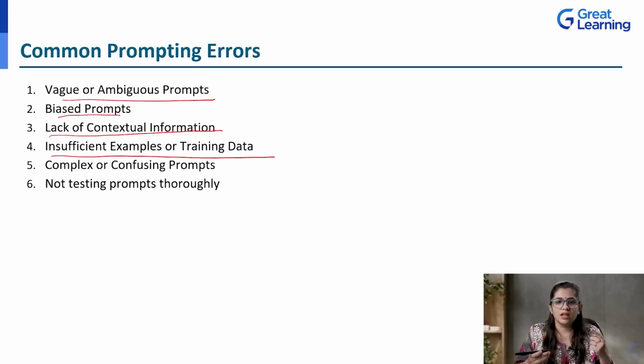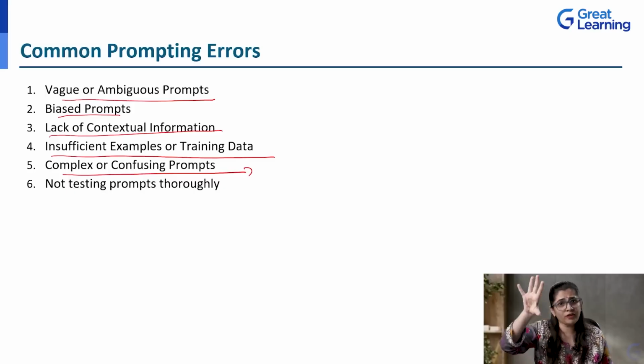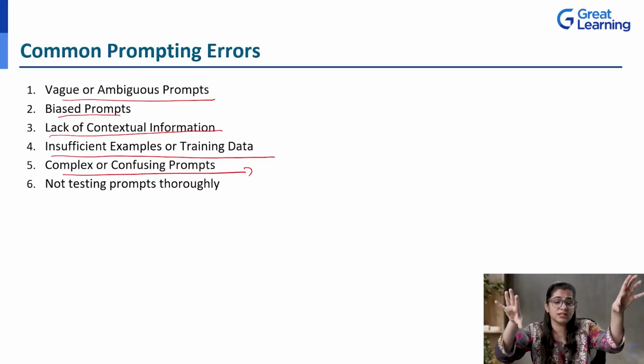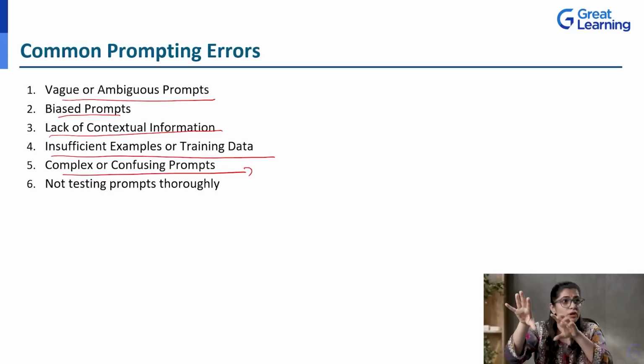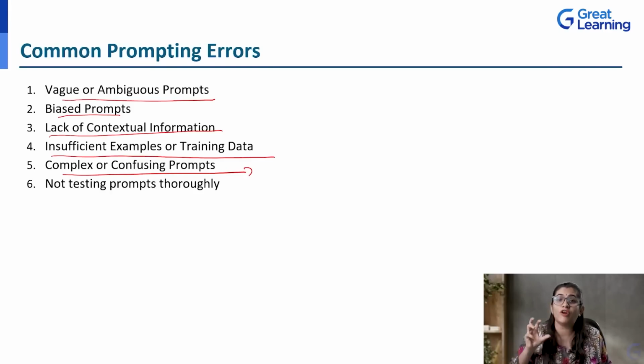Then there is complex or confusing prompts. If you write full lengthy prompts, but it is very complex, it has several different informations, such as you have target information also. You are acting as a target audience information. You are acting as a analyst, and you have target audience. You have branding also. You have campaigning also in that. It is very confusing for ChatGPT to pick one persona and act.